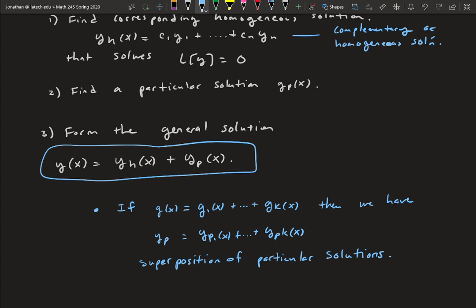If you have a g(x) that's already a superposition of functions g1, g2, all the way out to gk.